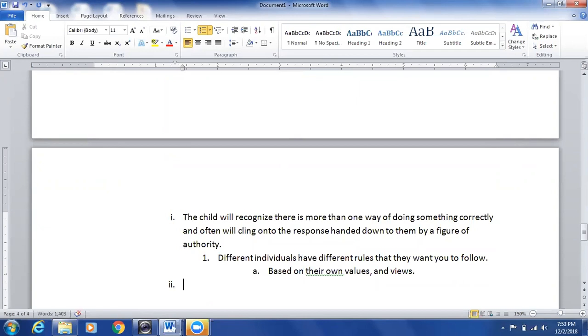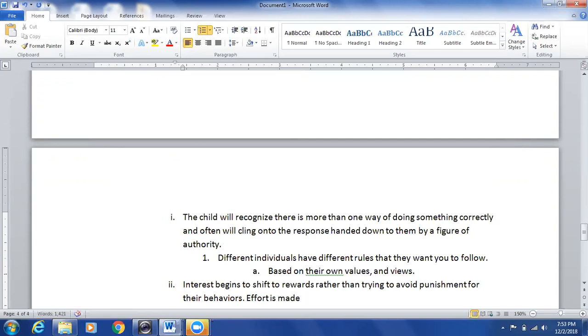So interest begins to shift to rewards rather than trying to avoid punishment for their behaviors.